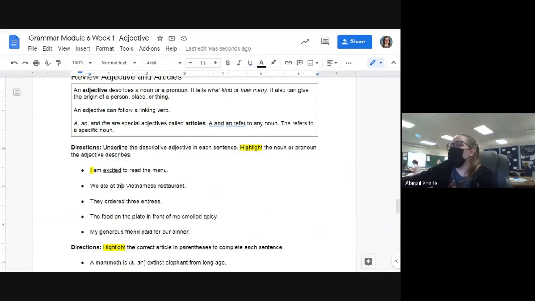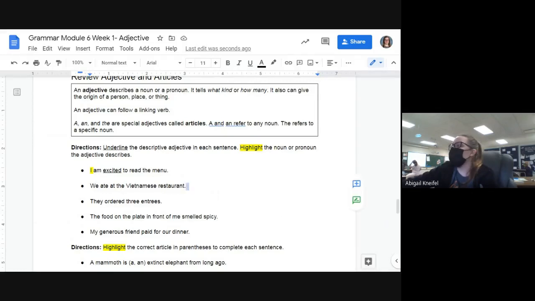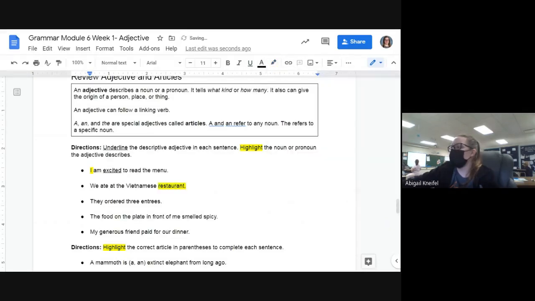We ate at the Vietnamese restaurant. What is our subject here in our sentence? What is our subject, Ella? Is it we? No, because we're describing the restaurant. Restaurant is our subject because that's what we're talking about. So our subject is the restaurant highlighted, right? Or are we talking about we?